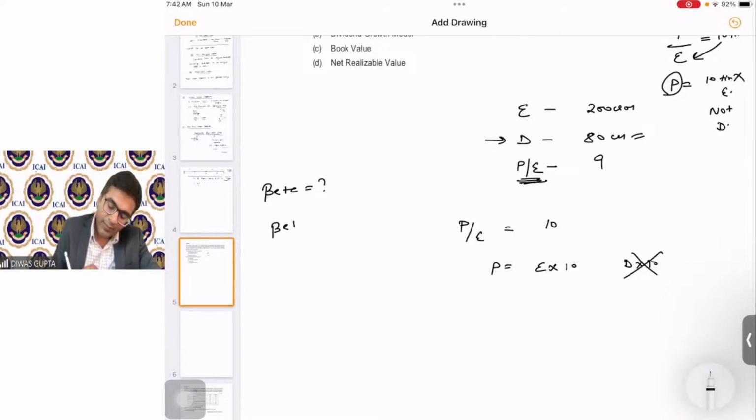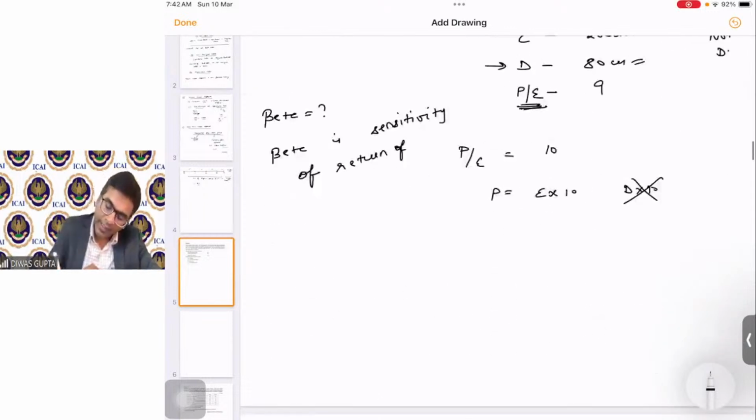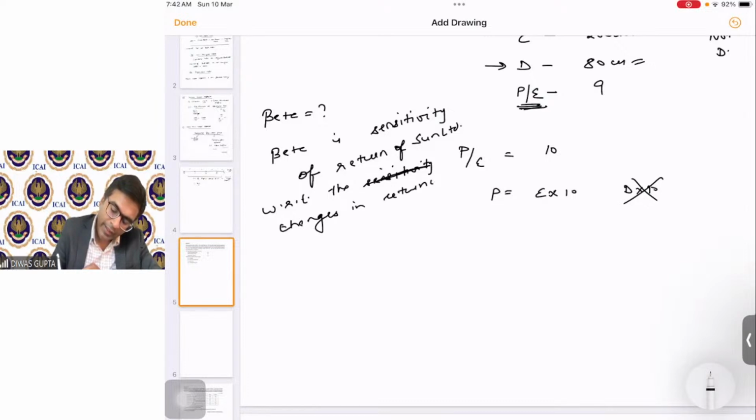Beta is the sensitivity of return of which company? Sun Limited here, with respect to the changes in return of market.